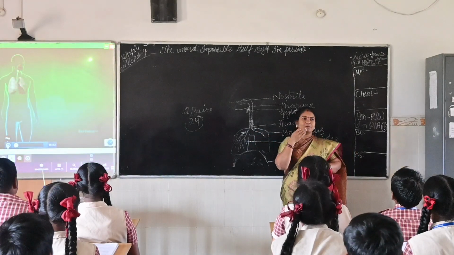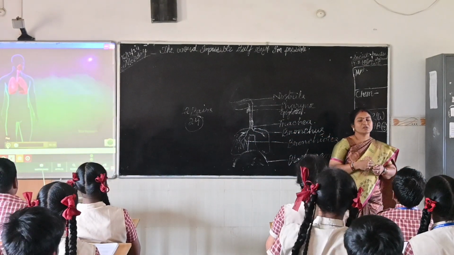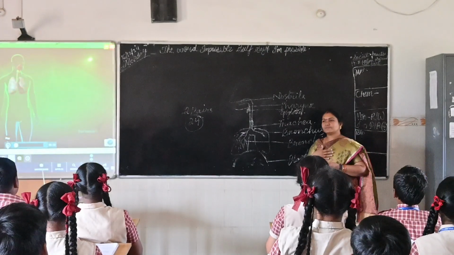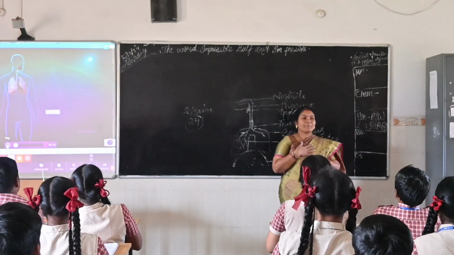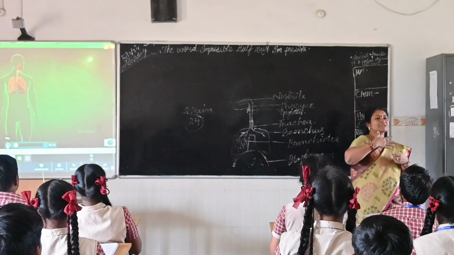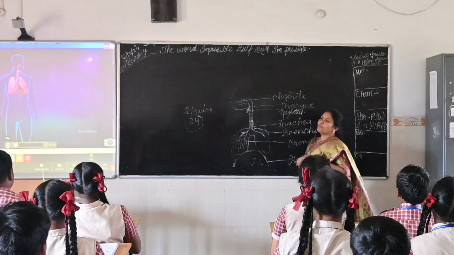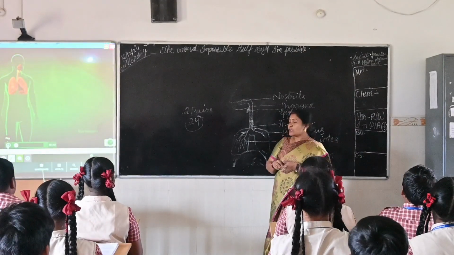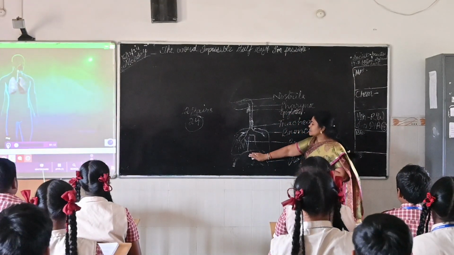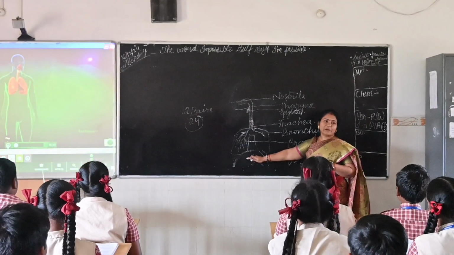When we inhale, you all keep your hand on your chest. Take a long breath. What happens? You feel that your chest is moving a little bit up, isn't it? When you exhale, it comes back to its original position. This work is done by your diaphragm. It helps in the movement.